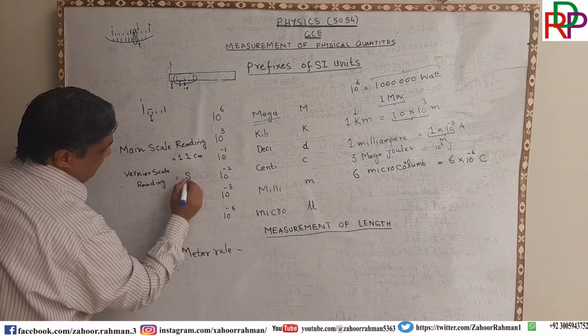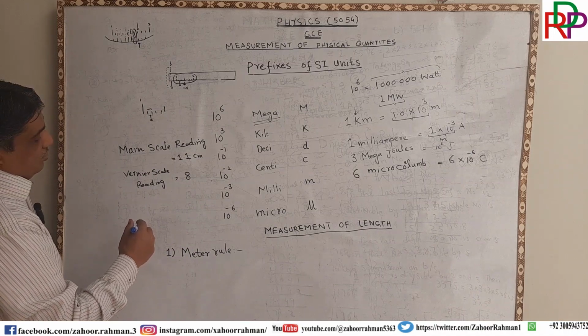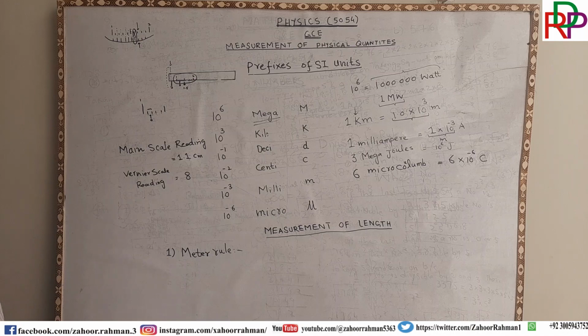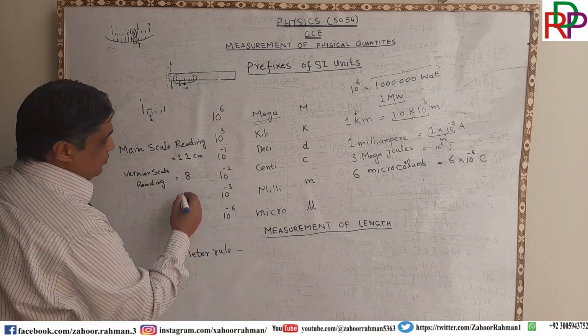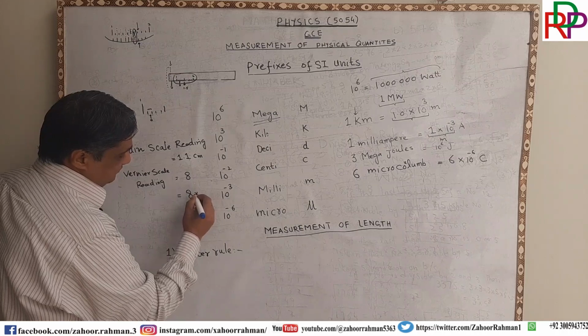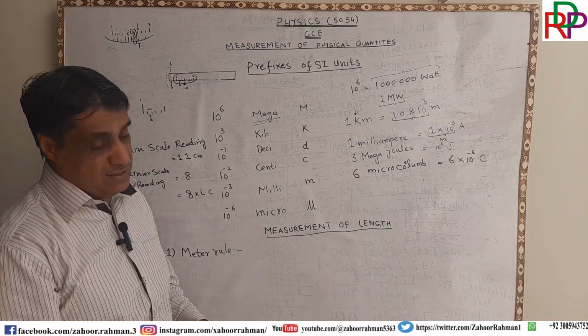Now you have to find the vernier scale reading and multiply it with the least count.